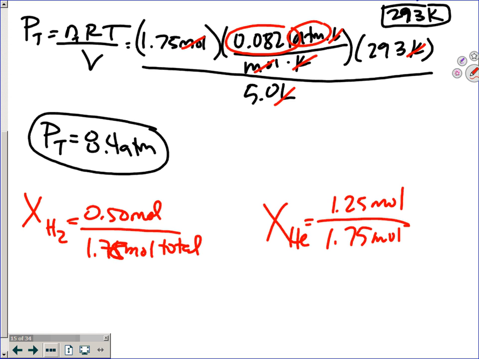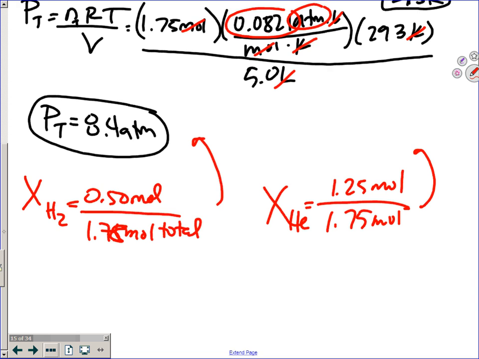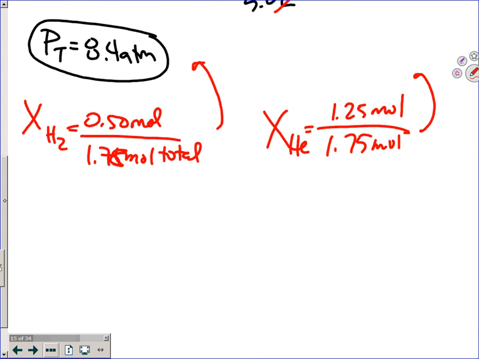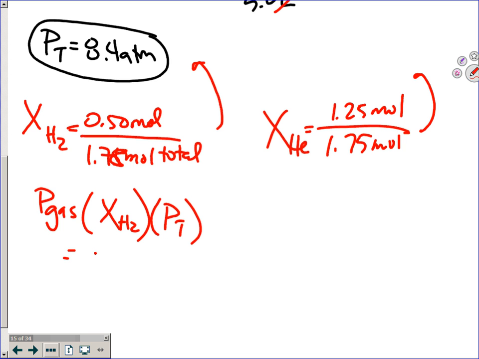Okay, so we'll take our mole fractions, multiply by the total pressure, and we'll get our partial pressures. So what is the partial pressure of hydrogen? You're taking mole fraction times P total, and you got what? 2.4. Okay, so that's our partial pressure for hydrogen.